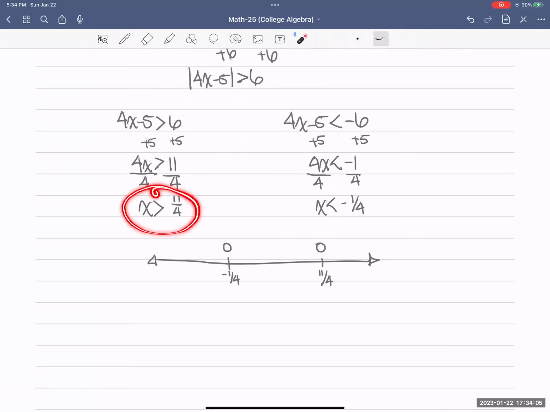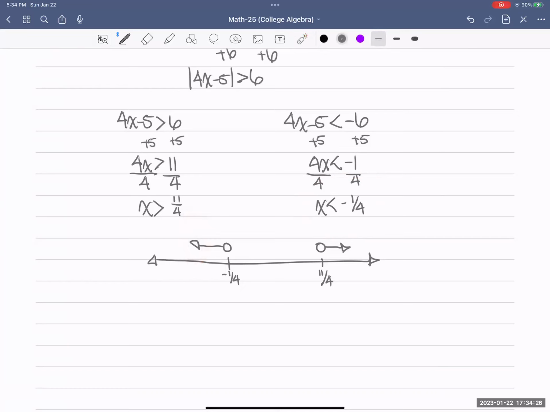And looking at this, x is greater than 11 over 4. So numbers bigger than 11 over 4, so these numbers over here. And looking at this one, x is less than negative 1 over 4. So numbers smaller than negative 1 over 4, so those right there. And let's get our solution set.